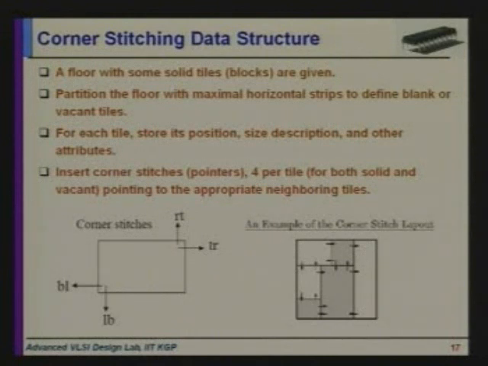Insert corner stitches, that means 4 pointers pointing to appropriate neighbor tiles. So here we have the RT pointer, which is right top, which points up, the top right, which points to the right, the bottom left points to the left, and the left bottom points below, right? And example, how corner stitch data structure joins all the blocks together. The right one, the right example, right?